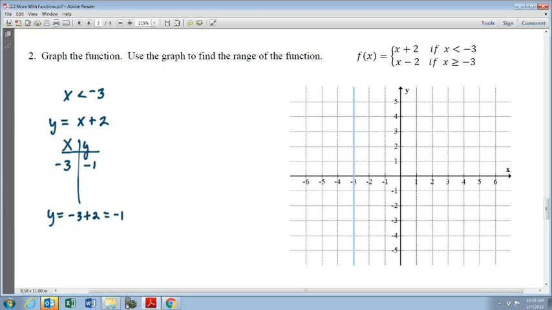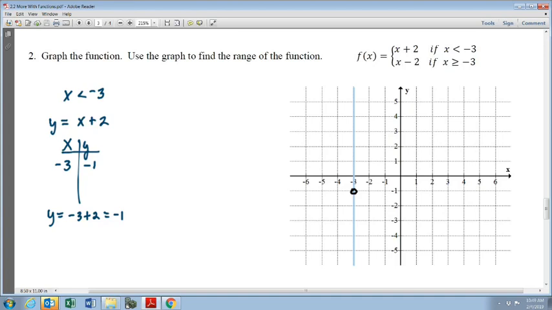So -3, -1. Now notice this is where things change. It says if x is less than -3, and we're actually at x equals -3. So this point is not actually on the graph here, but we need it. It's like a border point for us, or an end point. And so notice I'm going to put an open circle there.